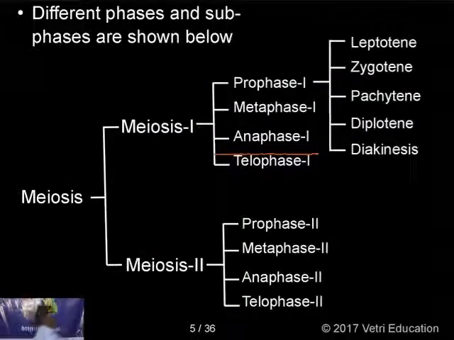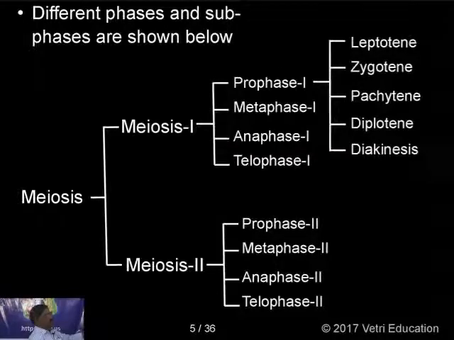Now for our understanding, meiosis is classified like this into divisions and different phases. Meiosis is divided into meiosis 1 and meiosis 2. Meiosis 1 has prophase 1, metaphase 1, anaphase 1 and telophase 1.